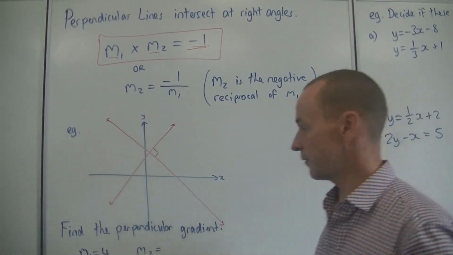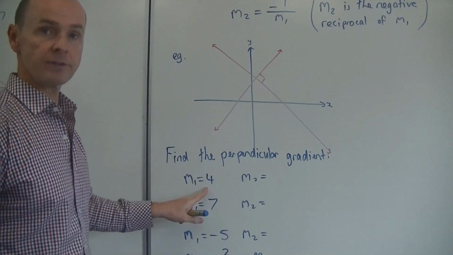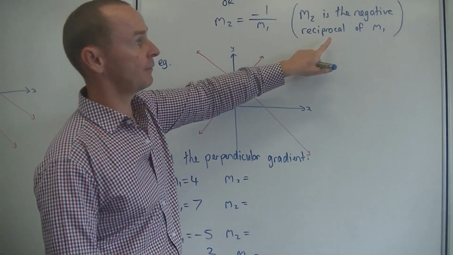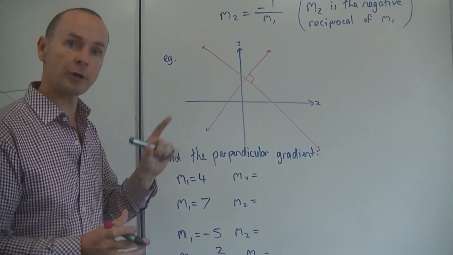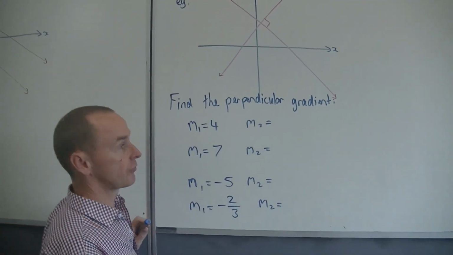I've got an easy way for you. If the first gradient is 4, for instance, remember up here how I said the second gradient is a negative reciprocal. Reciprocal means make it 1 over, or you flip it upside down. And you change the sign.